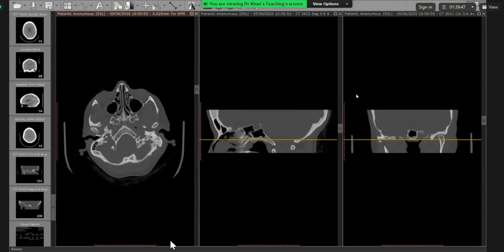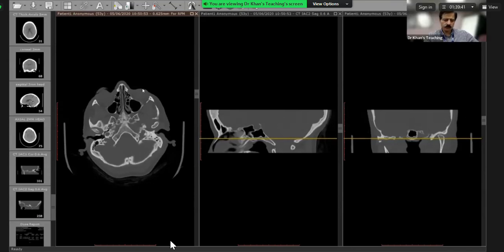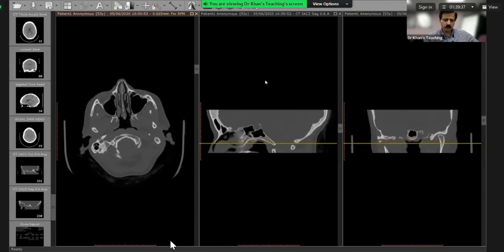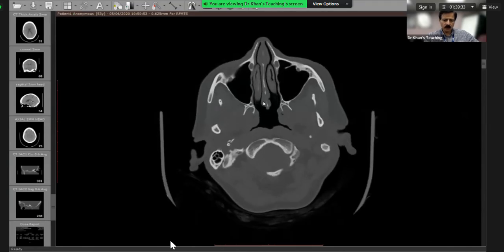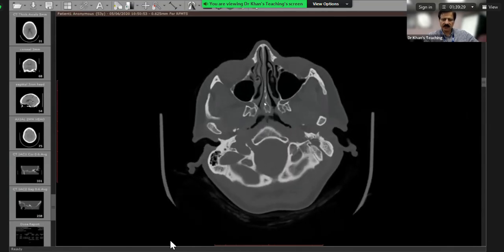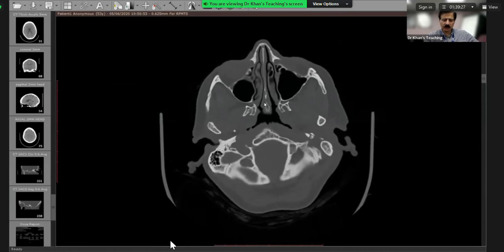Yes. Okay, so here I am going to go through key points. You can see a single axial sequence, correct? Candidate 2? Yes.